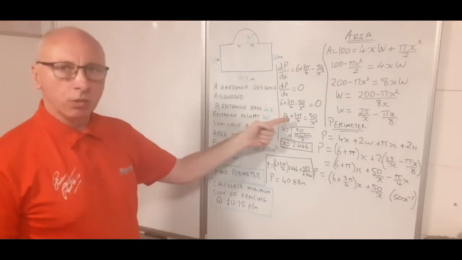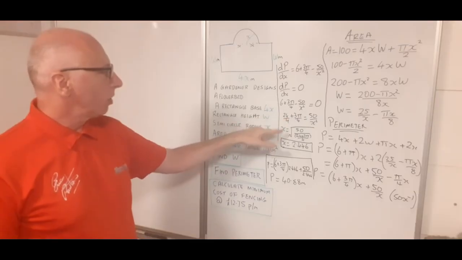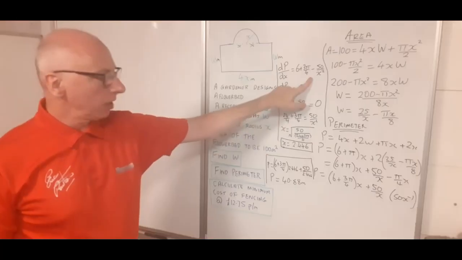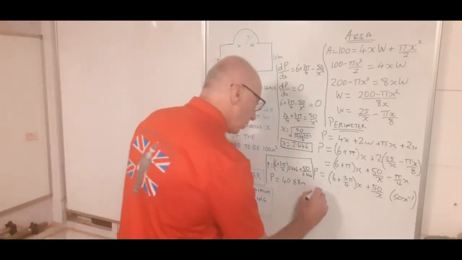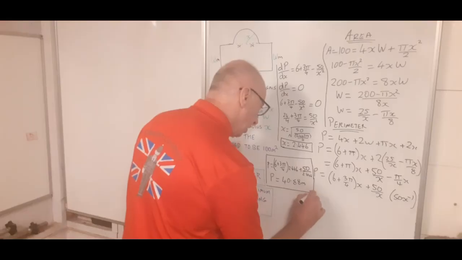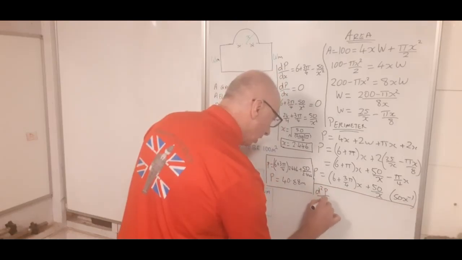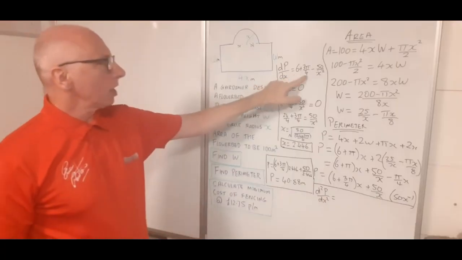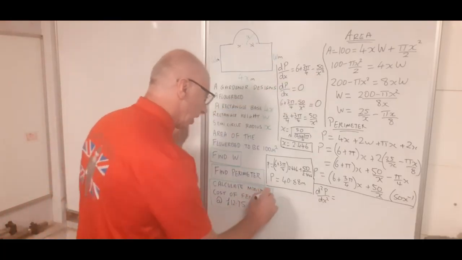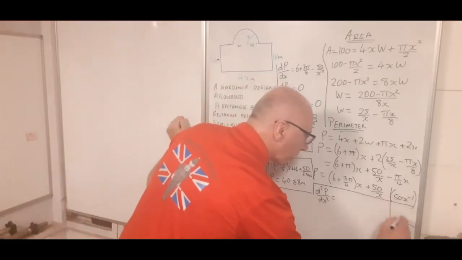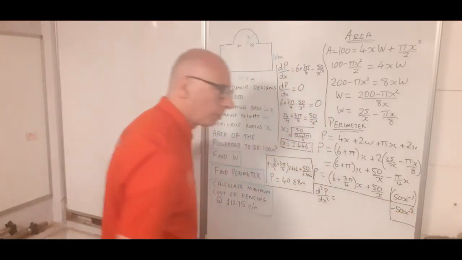Now I just need to do a little check here and make sure this is my minimum. To do that I need to take my second derivative and make sure that, as a minimum, it must be greater than 0. So now I need the second derivative of this. So 6 plus 3 pi over 4, that goes, as a constant. I've got minus 50 x to the minus 2.